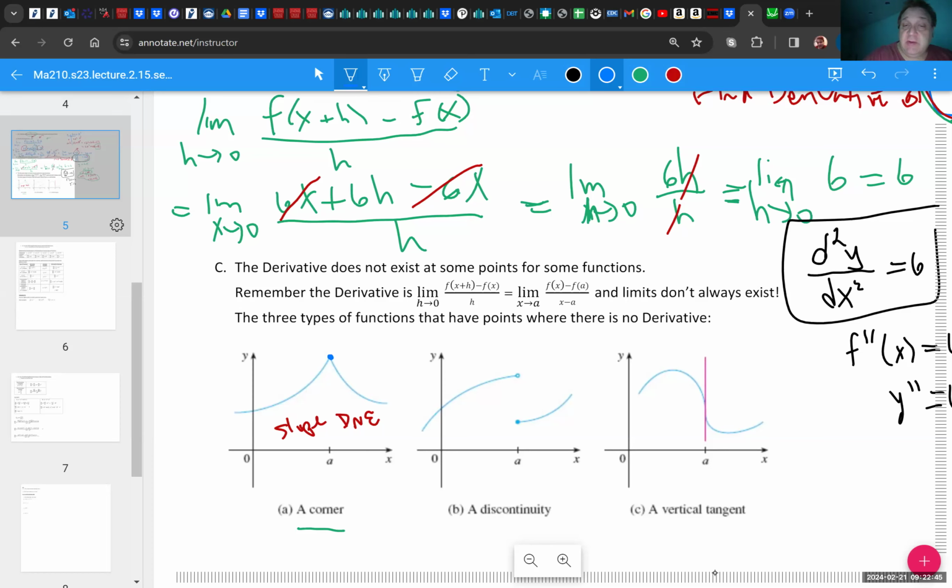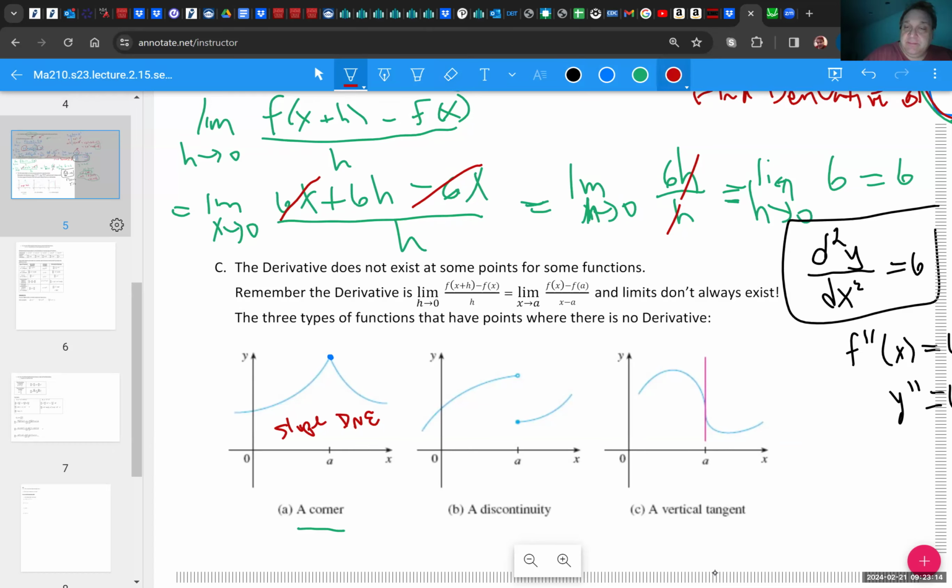When we have a discontinuity, even though we may have the same limit from the left and the right, we have a discontinuity. That's going to give us a non-computable slope or derivative at that point, because we only have a point from the right-hand side. From the left-hand side, we have a different set of points. And the last example of where you have a function that will not have a derivative is when you have a vertical tangent line.